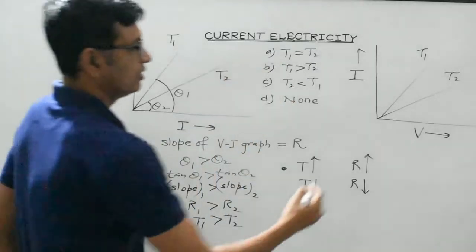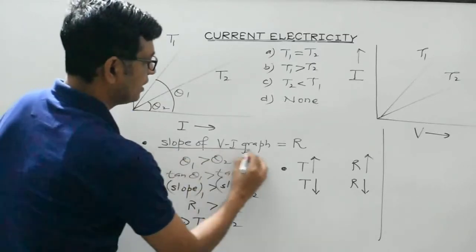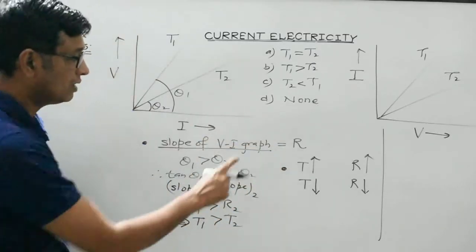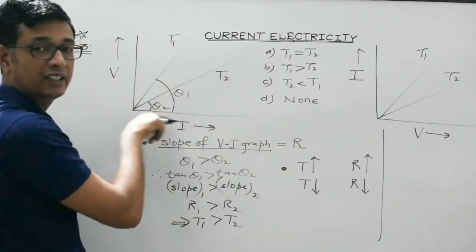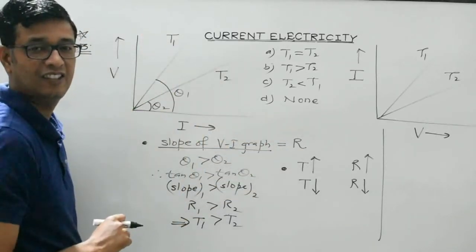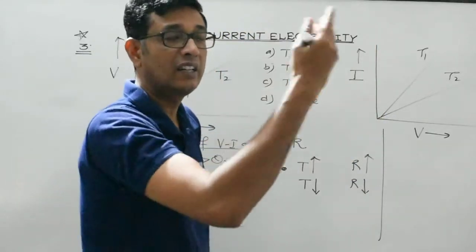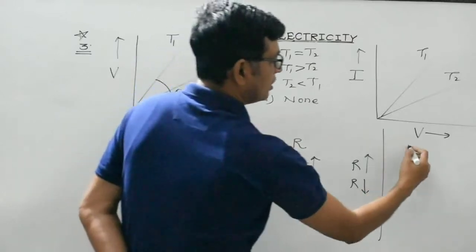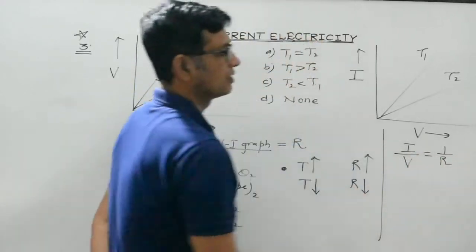Concentrate, students. I told you, the slope of the VI graph will give us resistance, but it will give us resistance only when V is plotted along the y-axis and current along the x-axis. Here I is plotted along the y-axis, so the slope will give us current divided by voltage, and current divided by voltage is the reciprocal of resistance.